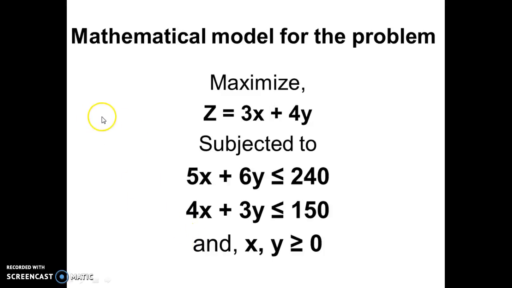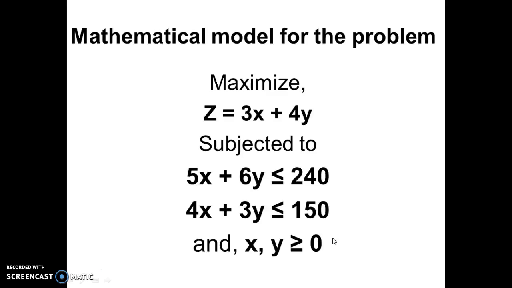Finally, the mathematical model for the problem can be written as maximize Z equal to 3x plus 4y subject to 5x plus 6y less than or equal to 240, 4x plus 3y less than or equal to 150, and x and y must be greater than or equal to 0.